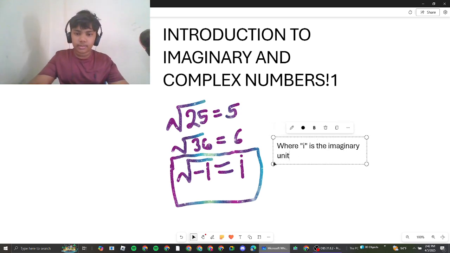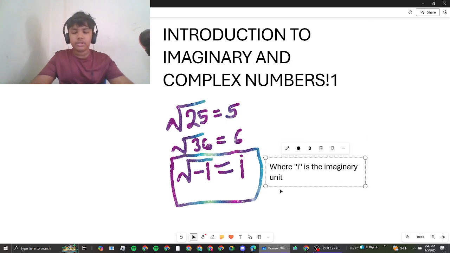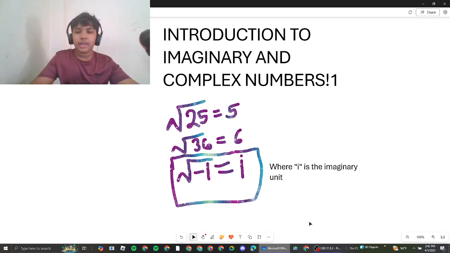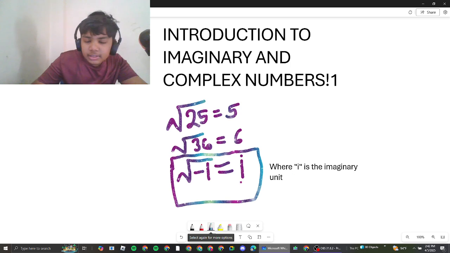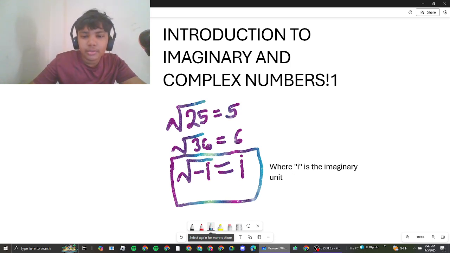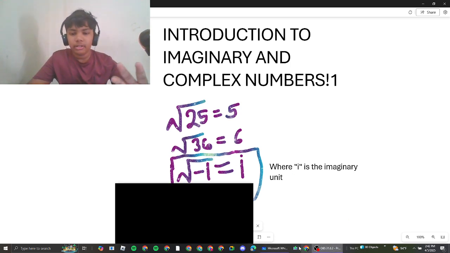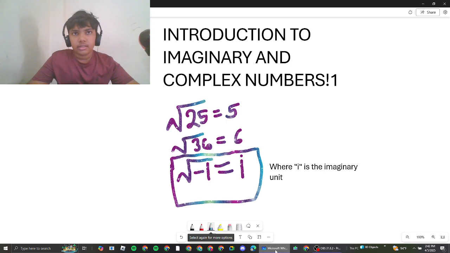This stands for imaginary unit. So this is basically what imaginary numbers are: numbers that are not defined in the real number system. That's why mathematicians have made a whole new system for this type of number.